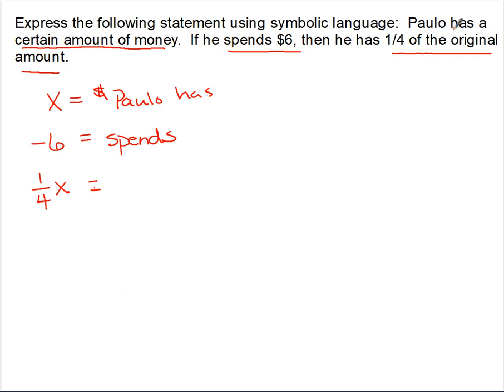Ready? Paulo has a certain amount of money. He spends 6. So I put those two together. Then he has, then is the equal sign. It equals 1/4 of the original amount.